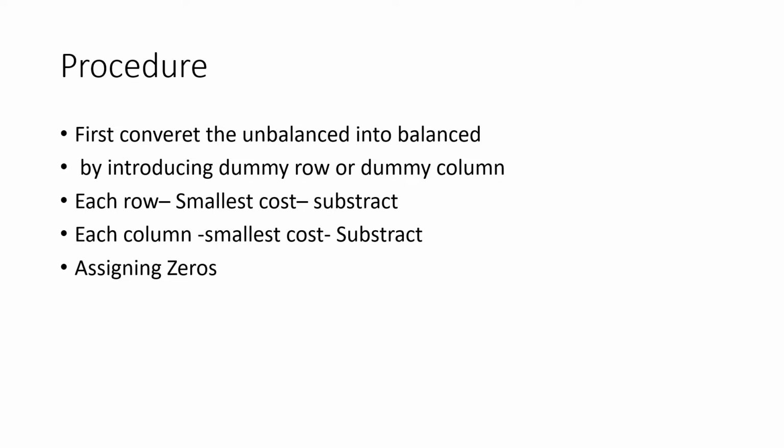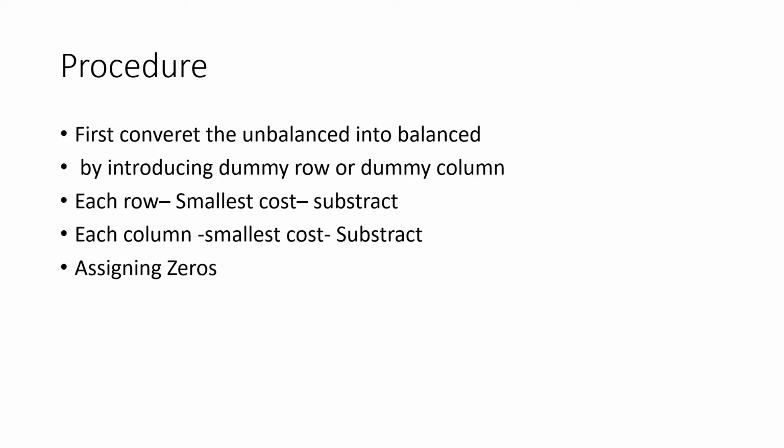If the number of columns is less than the number of rows, we introduce a dummy column with zero cost elements. Then the given problem is a balanced one, and we follow the usual procedure for solving the assignment problem.